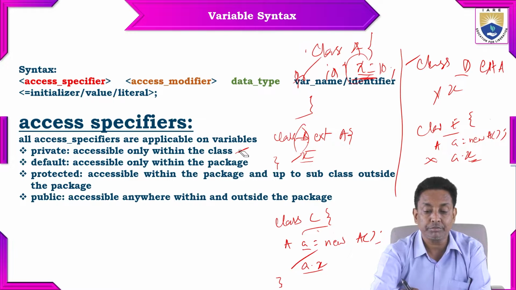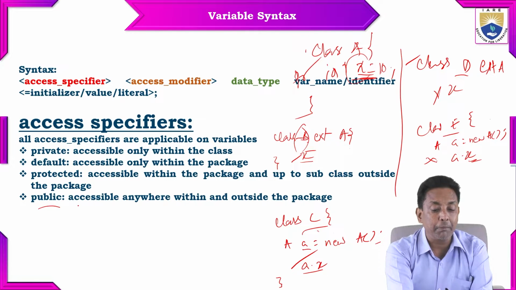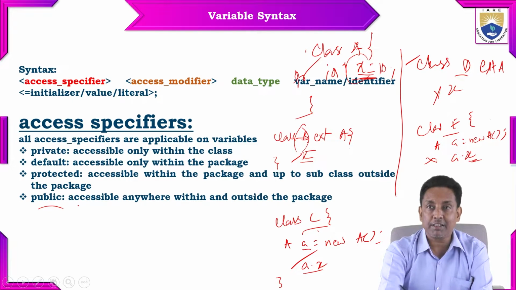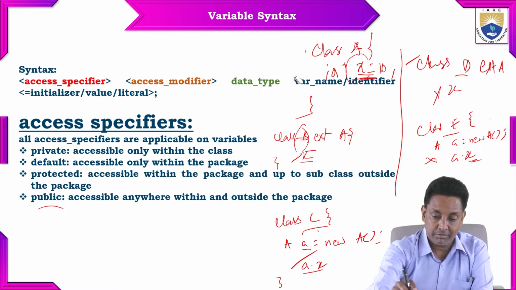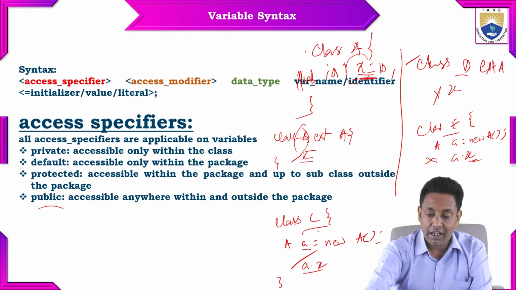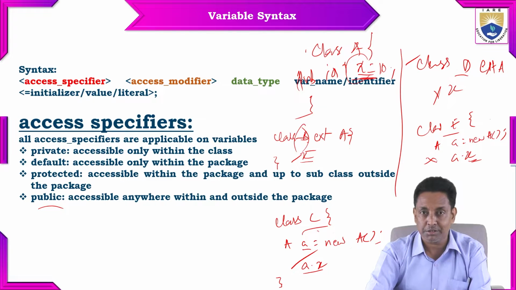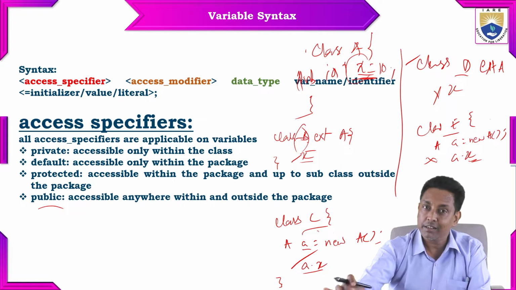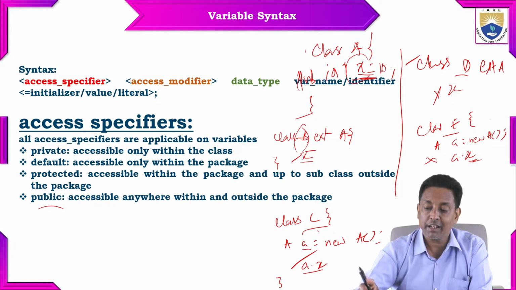This is about protected. Coming to public, if a variable is declared as public, then it can be accessible anywhere, within and outside the package: class A, class B subclass within the package, class C instantiating class within the package, class D subclass outside the package, class E instantiating class outside the package.